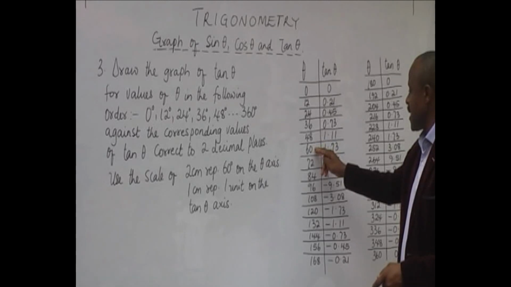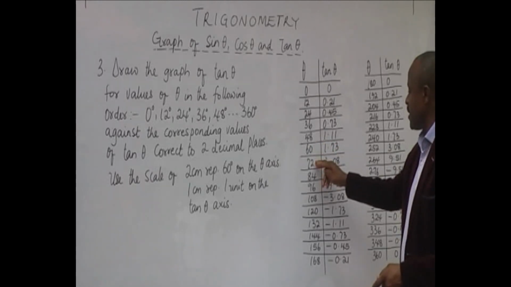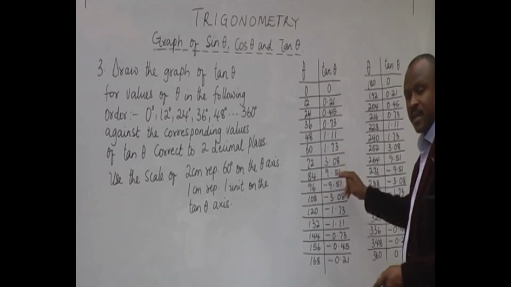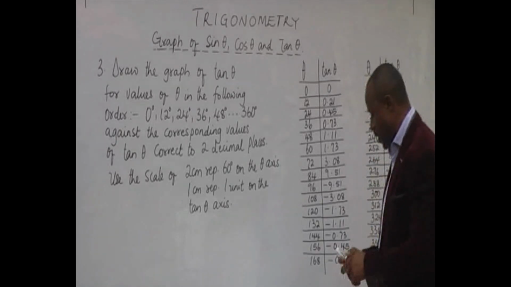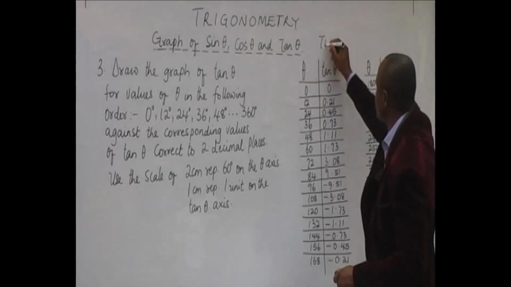Theta is 60, tan theta is 1.73. Theta is 72 degrees, tan theta is 3.08. Until the last, theta is 360 and tan theta is 0. So this is our table of values now.